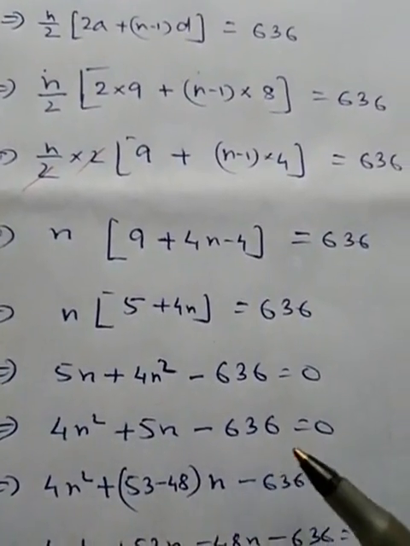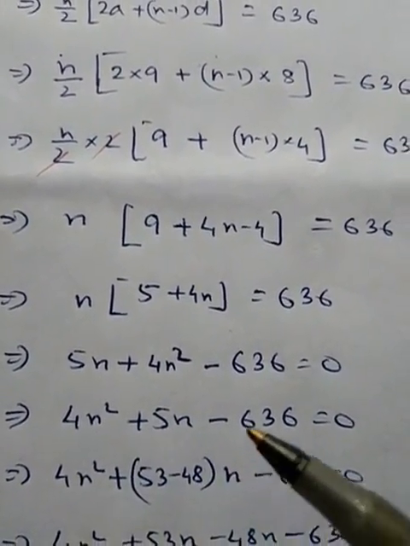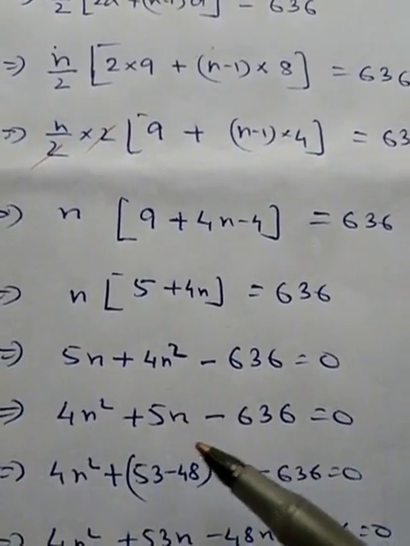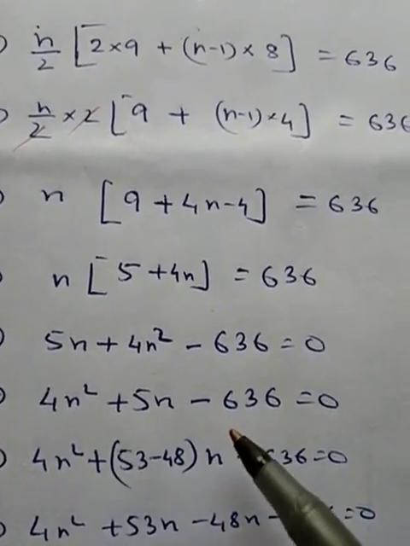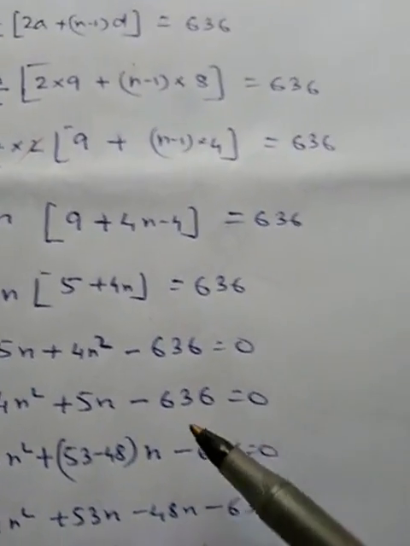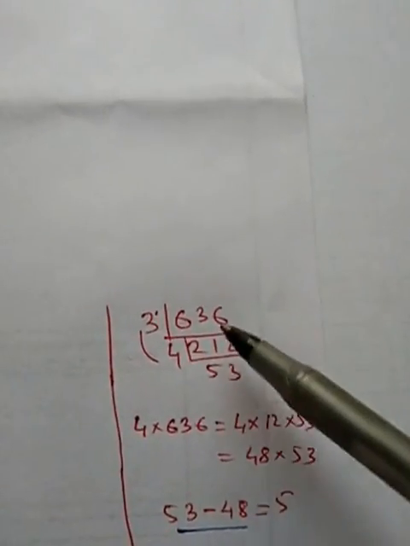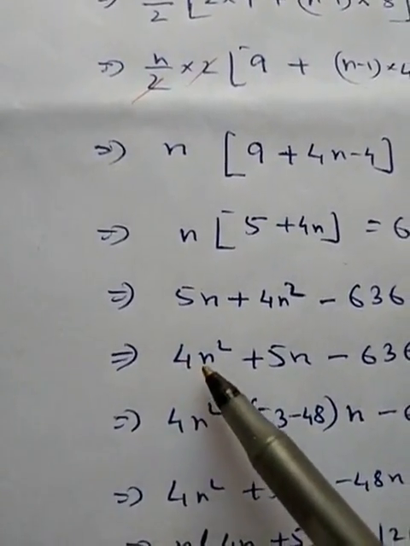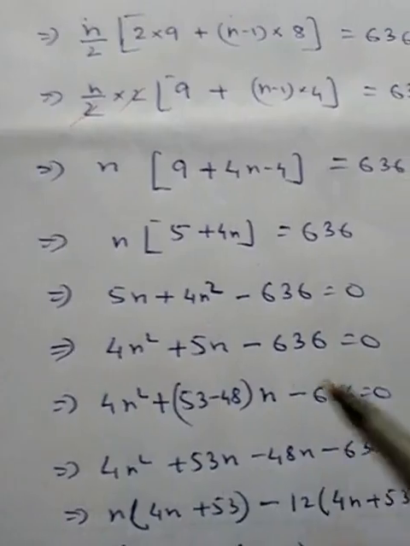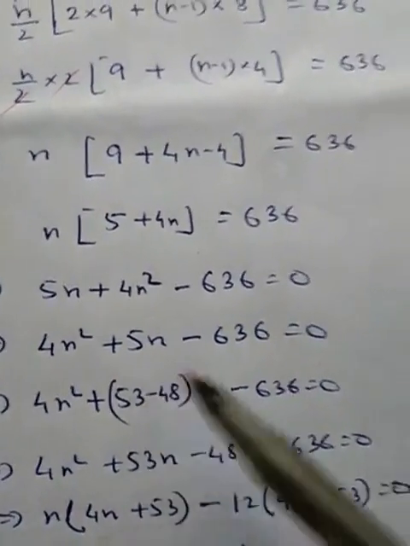Now we have to solve this by using factorization. With n square we have 4, and this is 636. First of all let us factorize 636. If we factorize we get 3 into 4 into 53. As we have 4 with n square, this 4 has to be multiplied with 636 while splitting the 5.